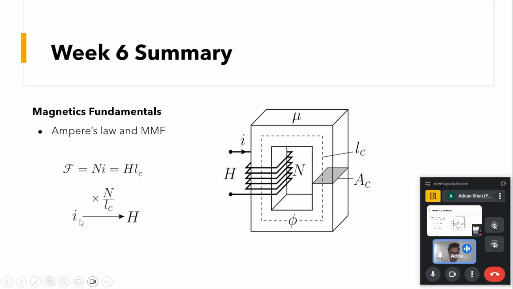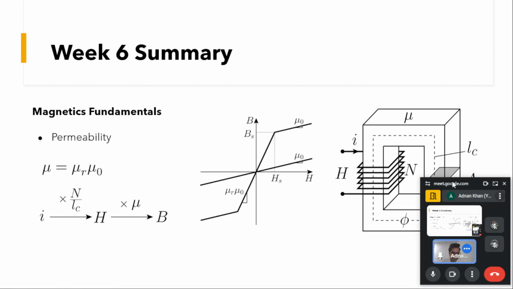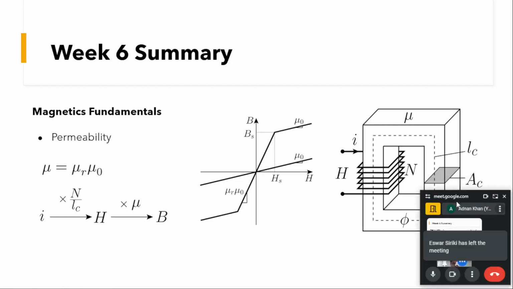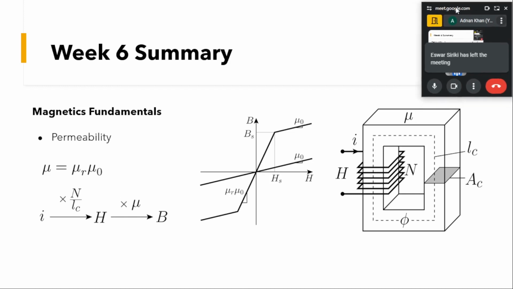If we multiply I by N and divide by Lc, we get the magnetic field intensity generated by this current I. Once we have this magnetic field intensity, we can then calculate B, the magnetic flux density.